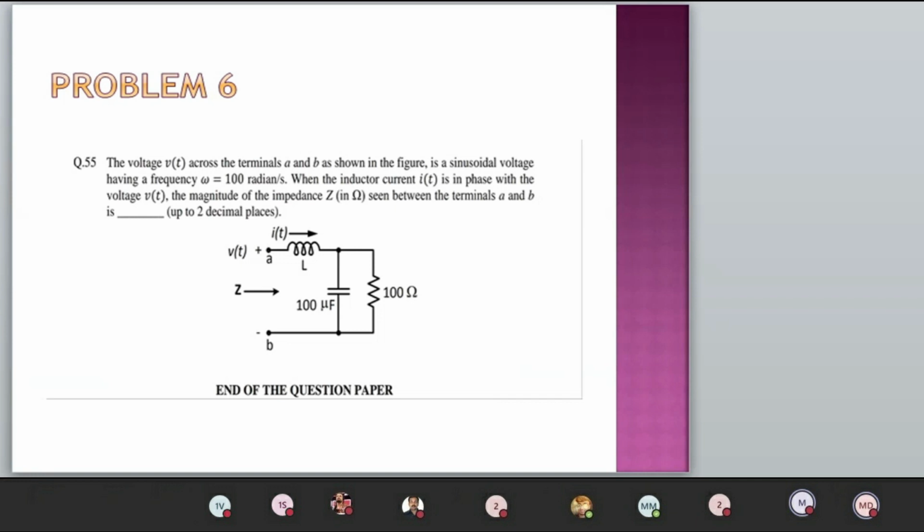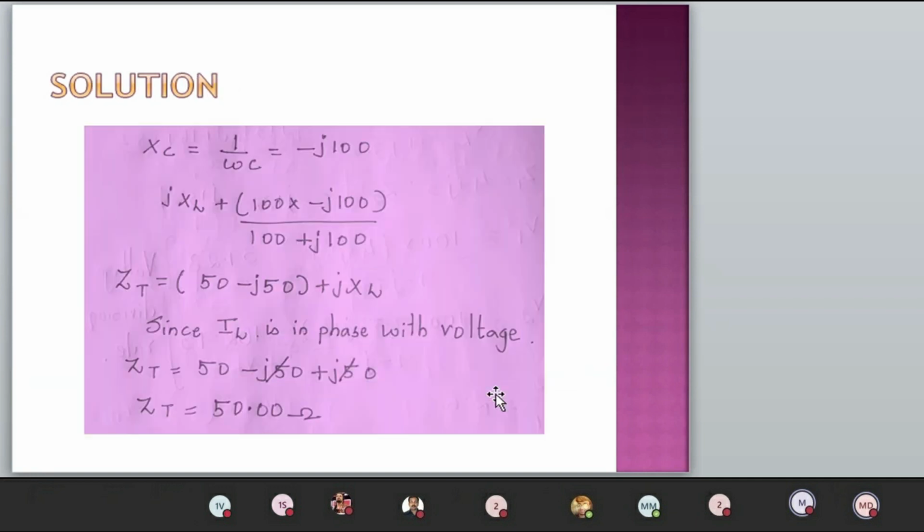For a resistor, the voltage and current are in phase. Now you can notice that it has given a slight twist in the question: when the inductor current is in phase with the voltage. He's saying that the current is in phase with the voltage. This is exactly a resonance condition.